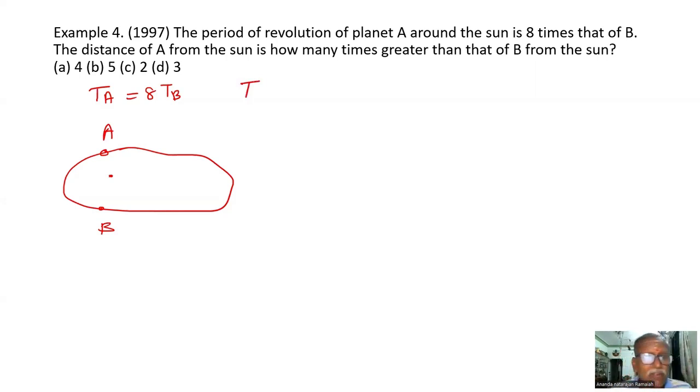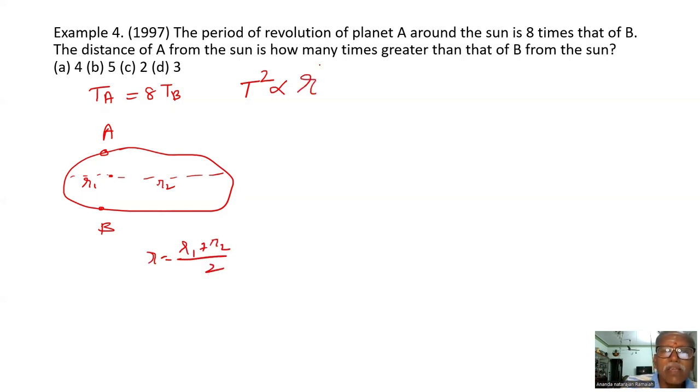The period squared, where T is the time taken to complete one revolution, is proportional to the radius cubed. R equals R1 plus R2 divided by 2. That is the radius. So the distance of the planet from the sun depends upon R.